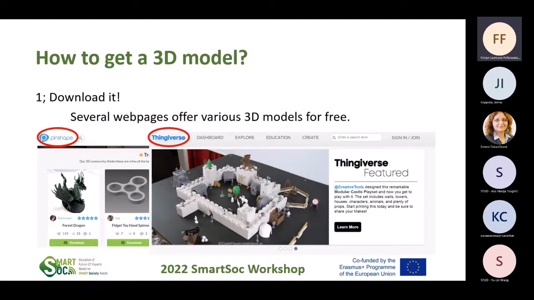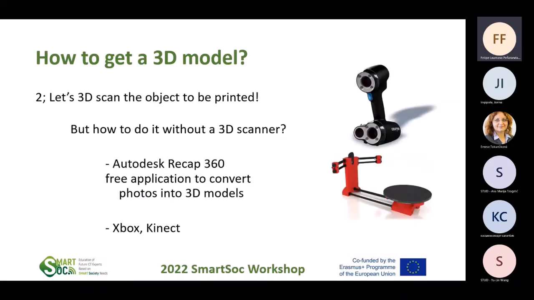And if you design something, you can also upload and share your model with the community. I think this is a very smart first step to check whether it is already available or not. You can spare lots of effort, and you can also get inspiration from these models when you need something new to design. So I think this is a very smart first step, just to check whether it already exists or not.